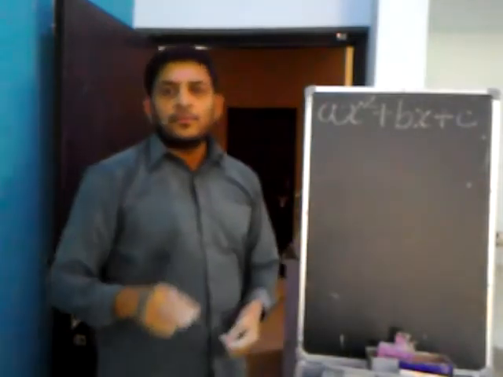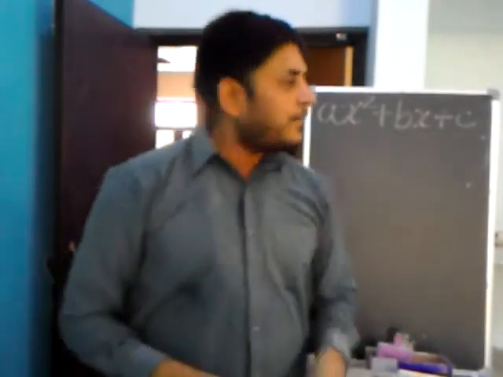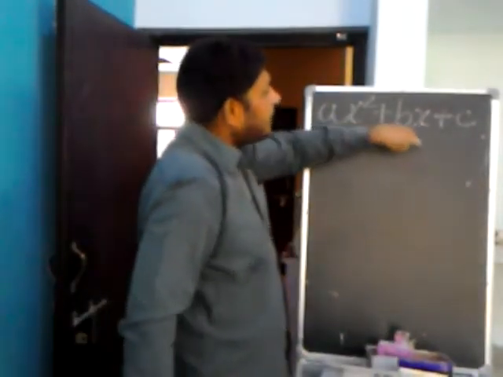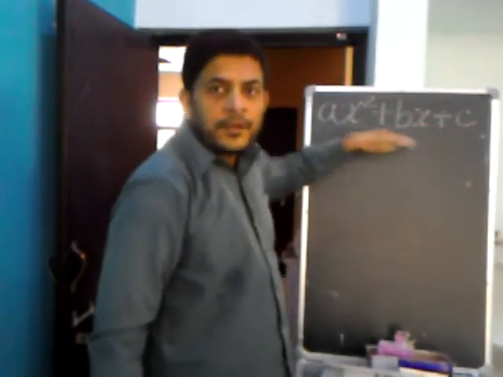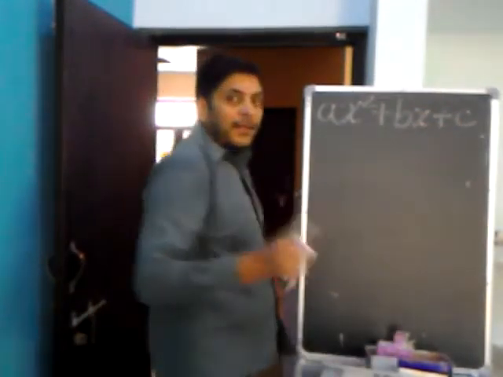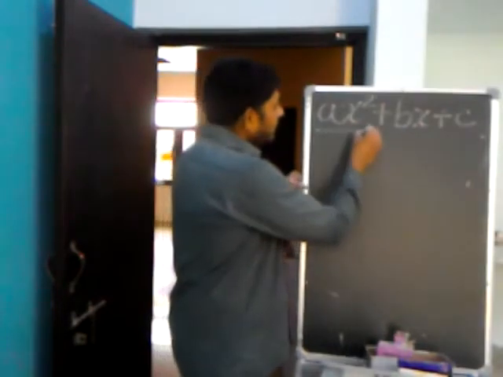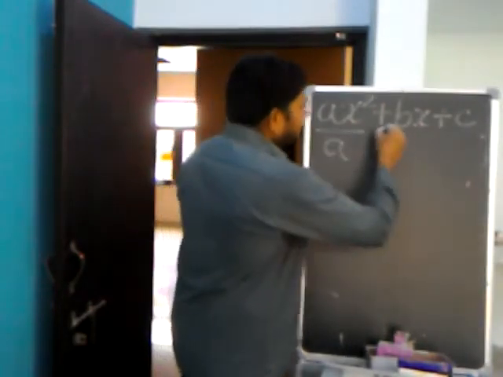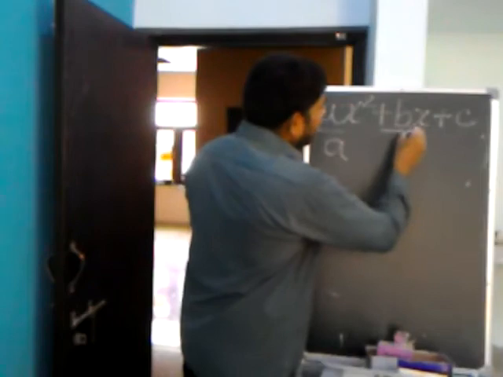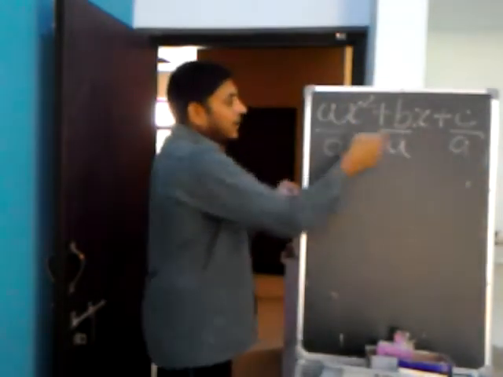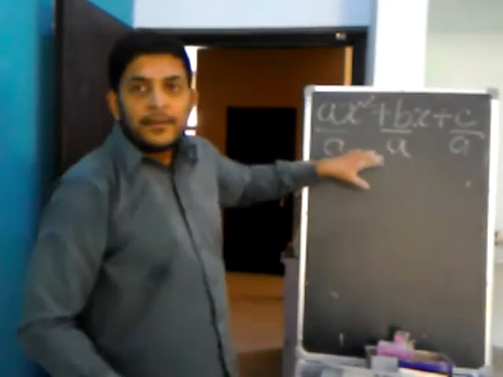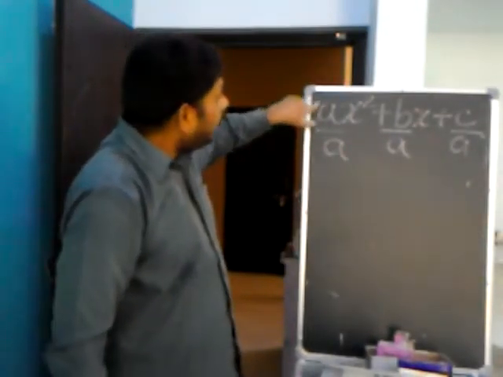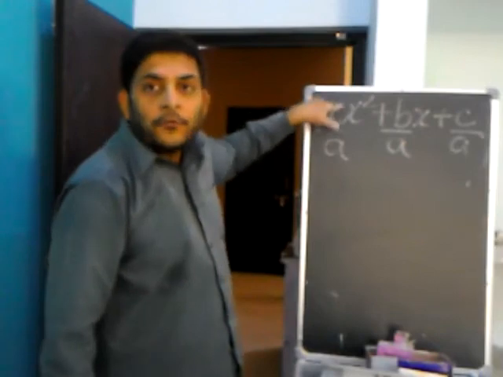Now I will divide the first term, second term and third term, all three terms, by a, the coefficient of x square.